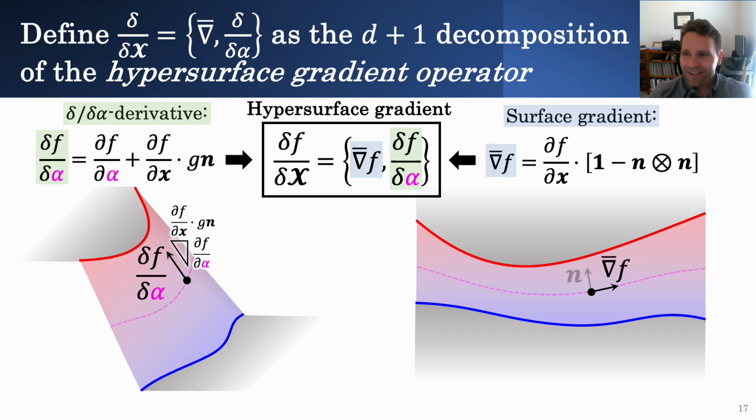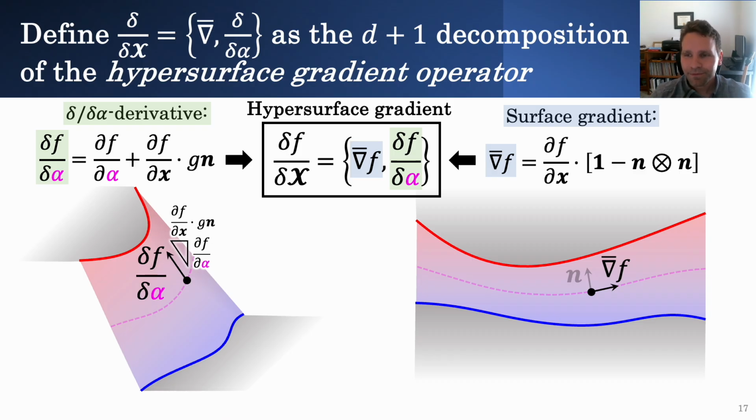But it turns out that it's not sufficient to just consider that differential operator in isolation. You actually have to package it together with another differential operator, the surface gradient, which is really nothing more than the projected portion of the gradient of some function, let's say f, restricted to the tangent plane to a given level set.